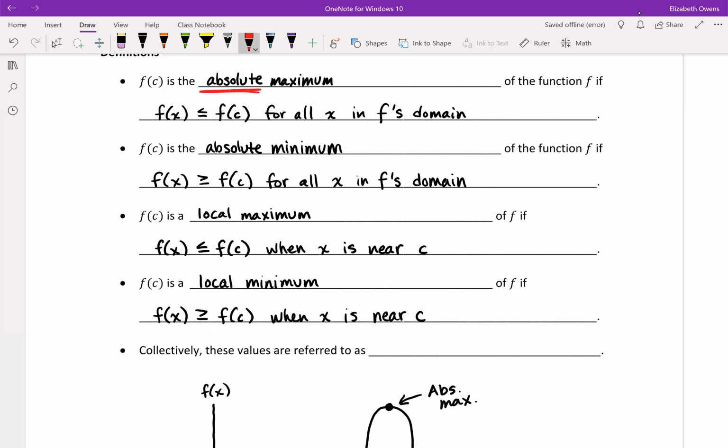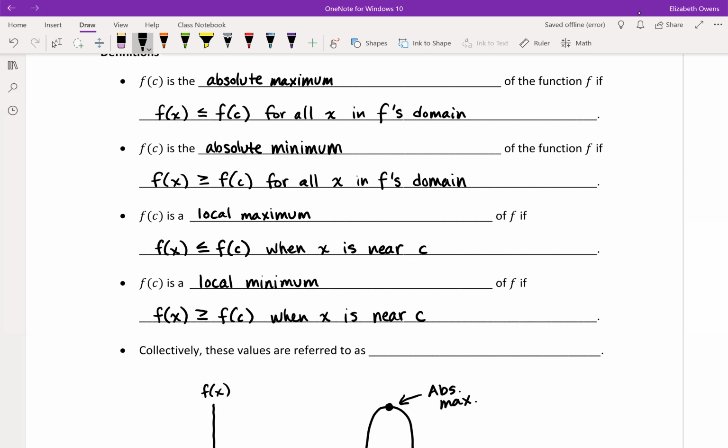And then absolute is for all the x's in the domain versus local. Okay, and so those local maximum, local minimum, those are only when x is near c. As far as the absolute and local thing goes, you can think of it like local in the sense of your own little local area on a map.